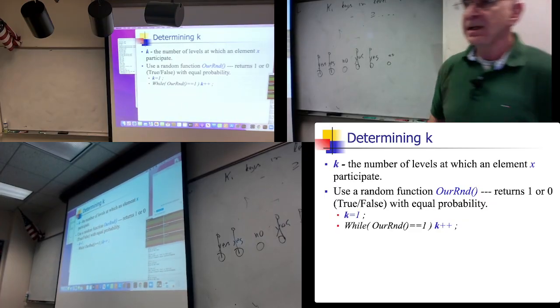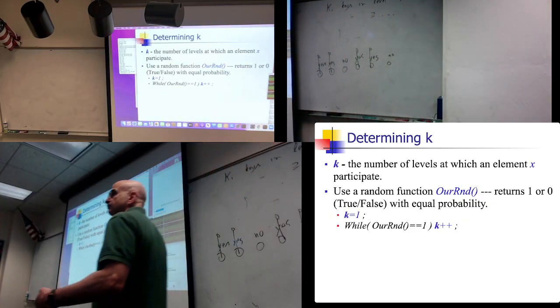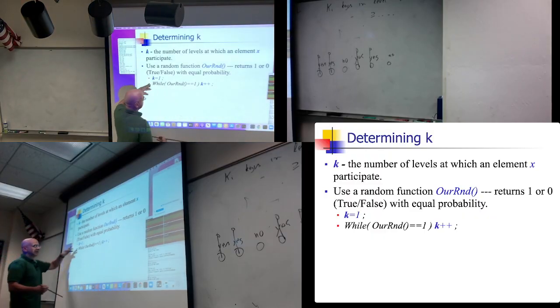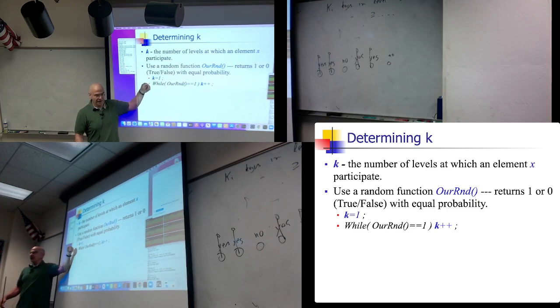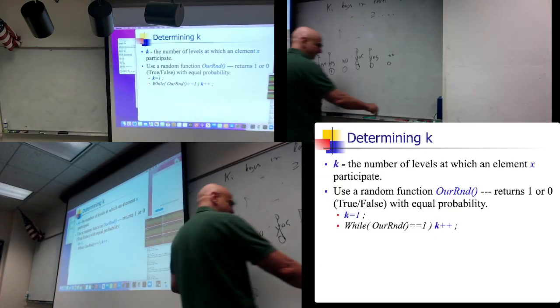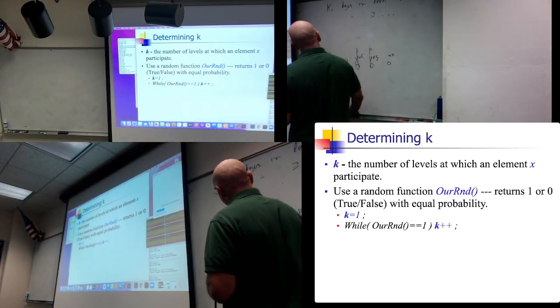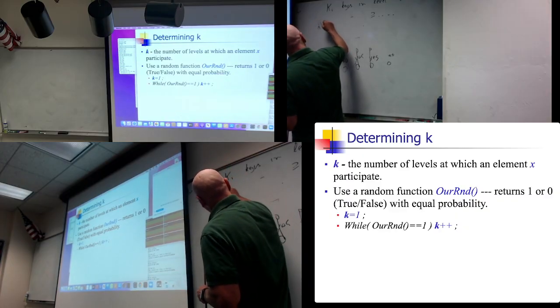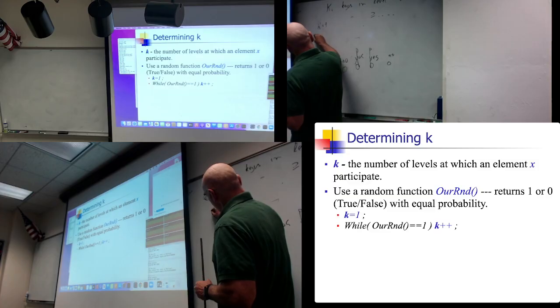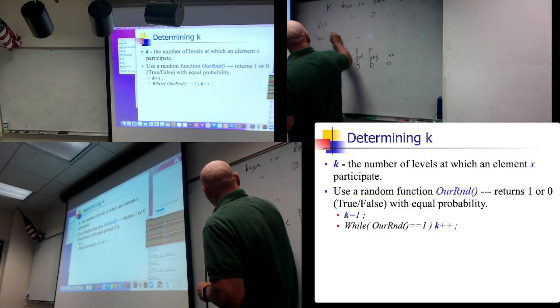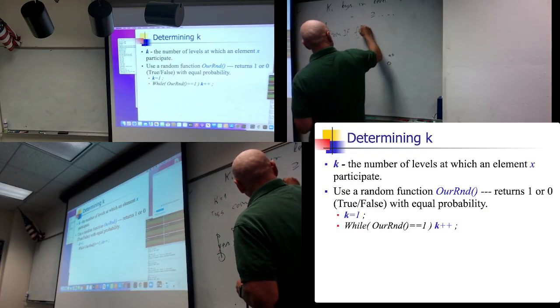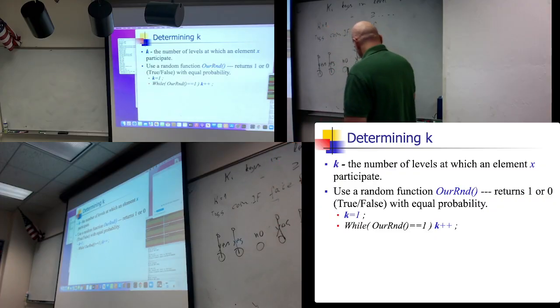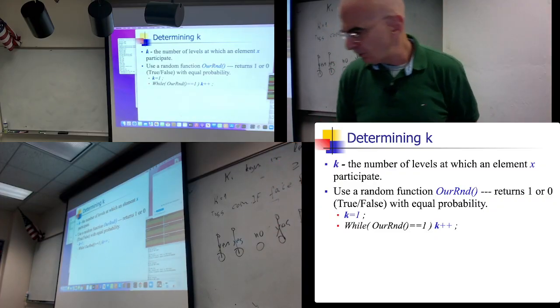Okay, here is how I decide what k is. I need a coin for this experiment, and I'll start with k equal 1. I'll toss the coin, and if it happens to be face, then you're doing 2 things.